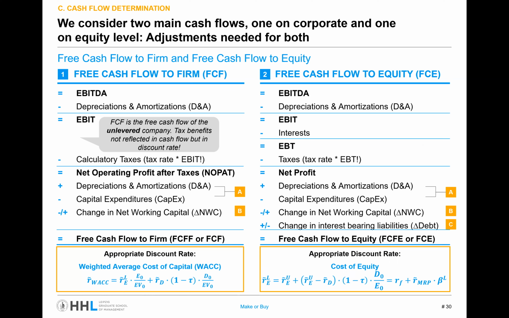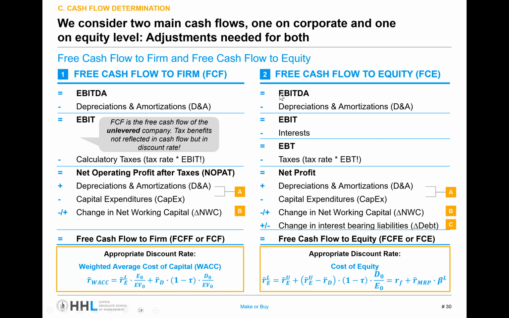Let us maybe even start on the right with the free cash flow to equity. The basic idea is that you come from the profits, from the P&L, the profit and loss statement. There, as you hopefully know, you have sales or revenues, then some kind of operating costs.